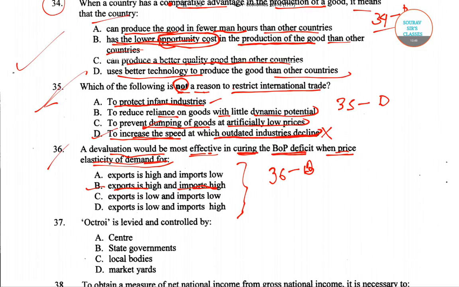In question number 37, it is given, octroi is levied and controlled by, four options are given: center, state government, local bodies and market yards.